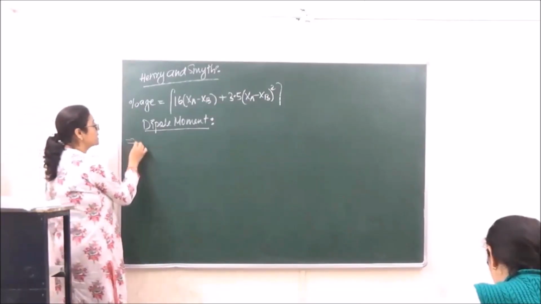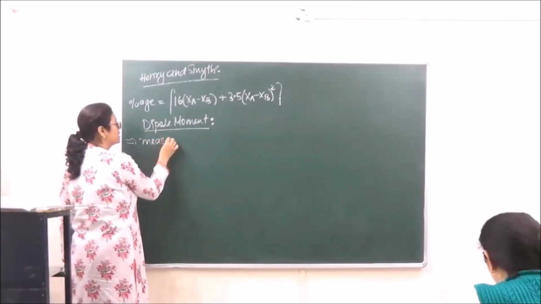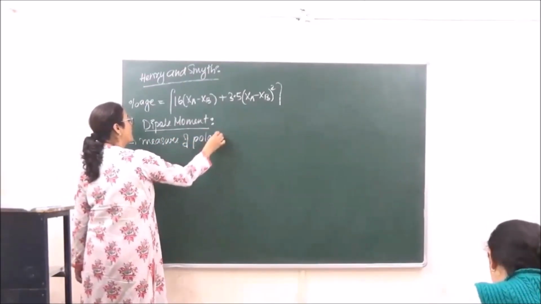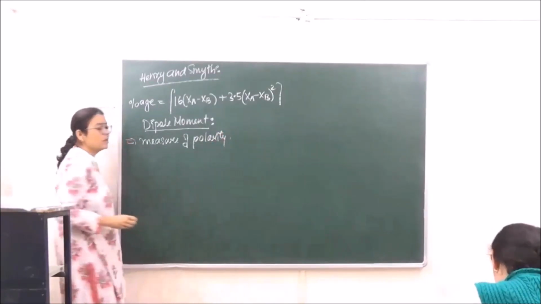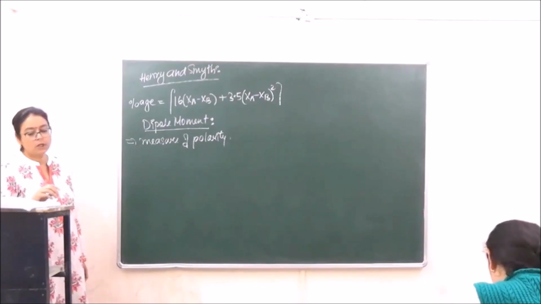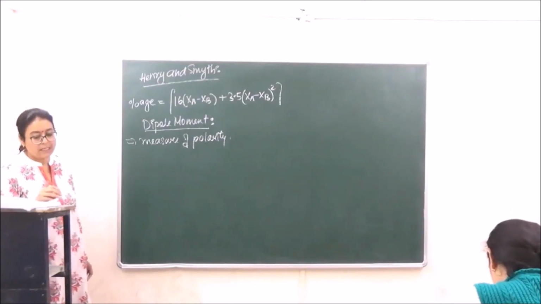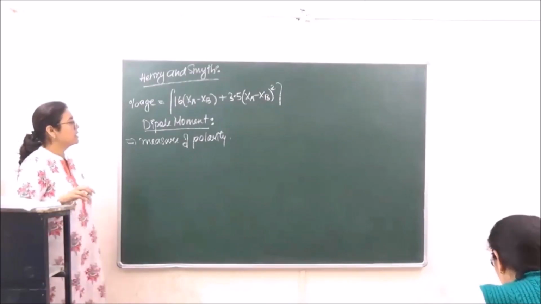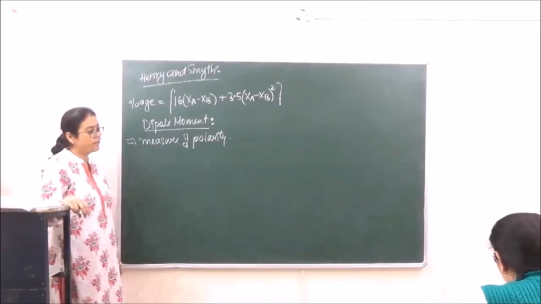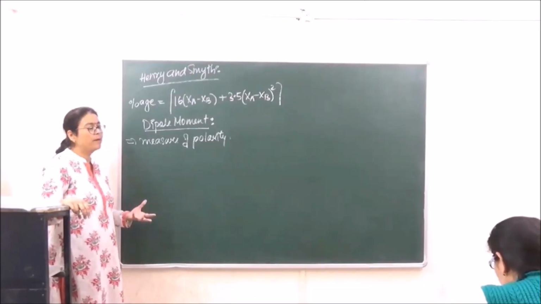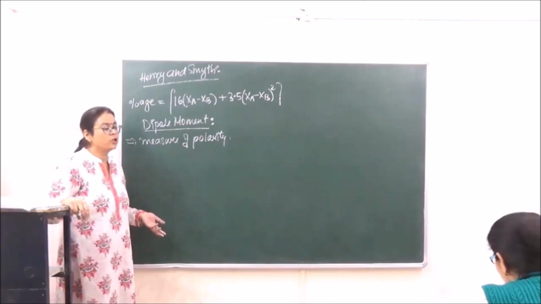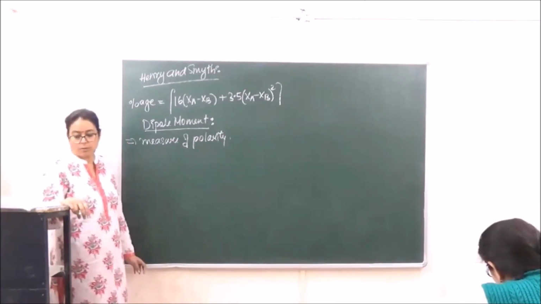Dipole moment is the measure of polarity, and the value of dipole moment tells us whether the molecule which is given to us is polar or non-polar. Okay? So you can say that dipole moment is a numerical scale to measure polarity. Greater the value of dipole moment, greater is going to be the polarity, and more is going to be the percentage of ionic character. So this you need to remember over here.